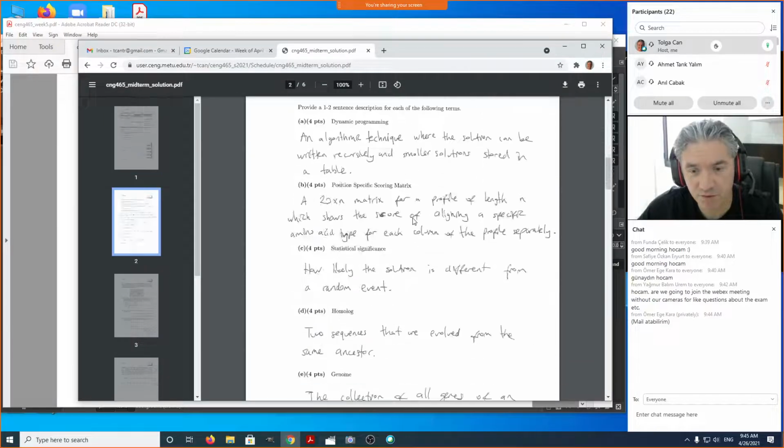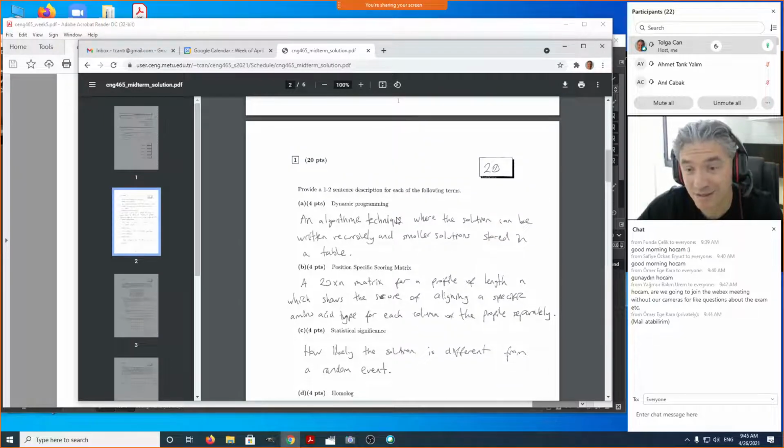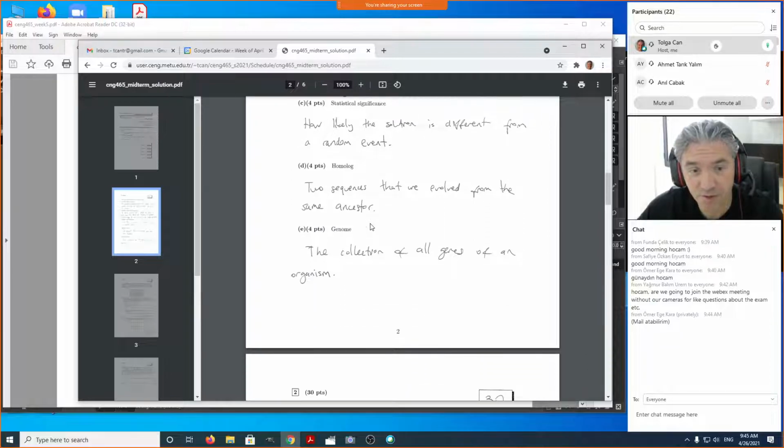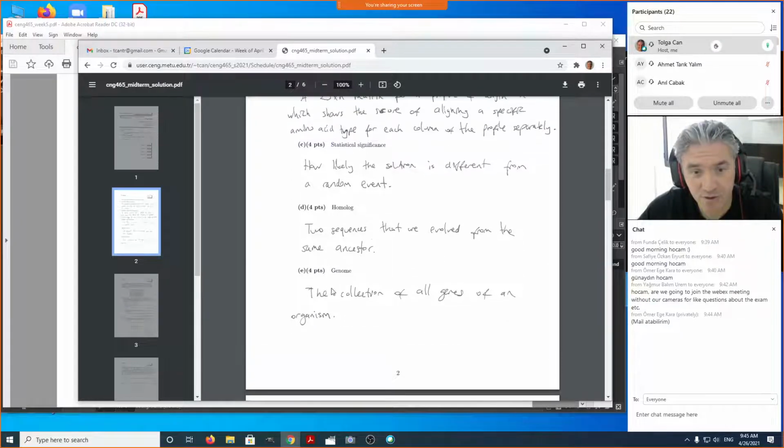The questions will be similar to the short answer questions on the first page. As you can see, you don't need to write too many sentences to answer. For example, for homologue, two sequences that are potentially evolved from the same ancestor sequence is a sufficient answer.